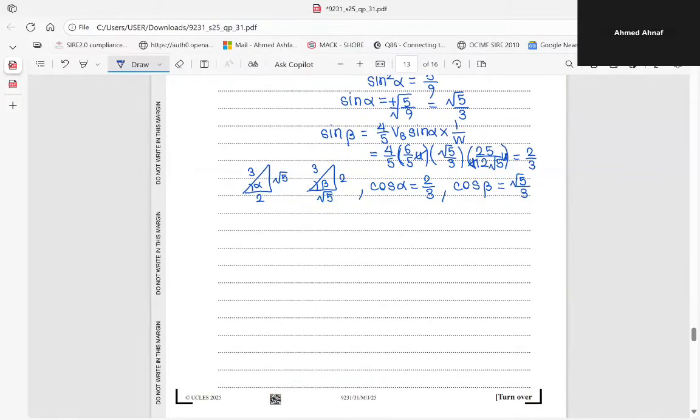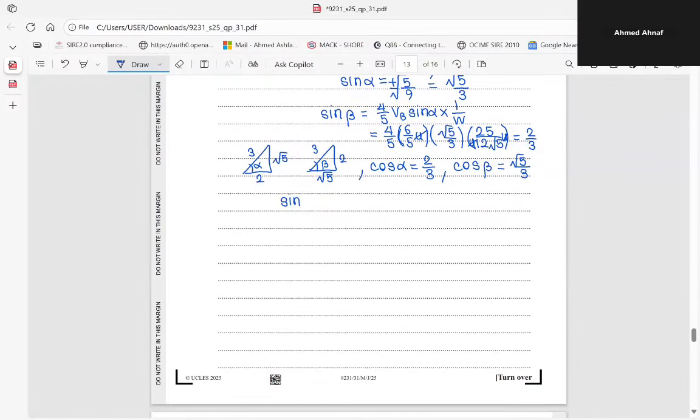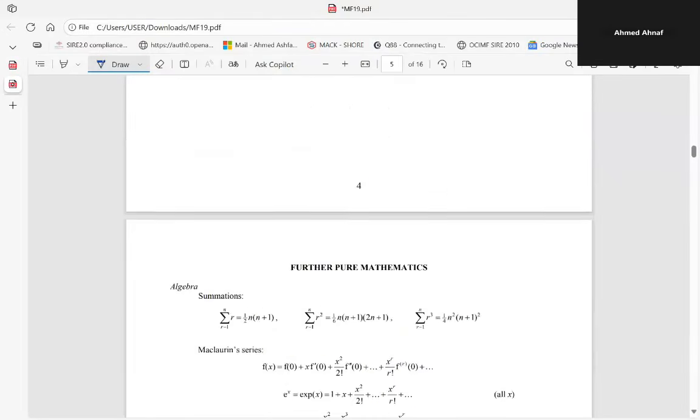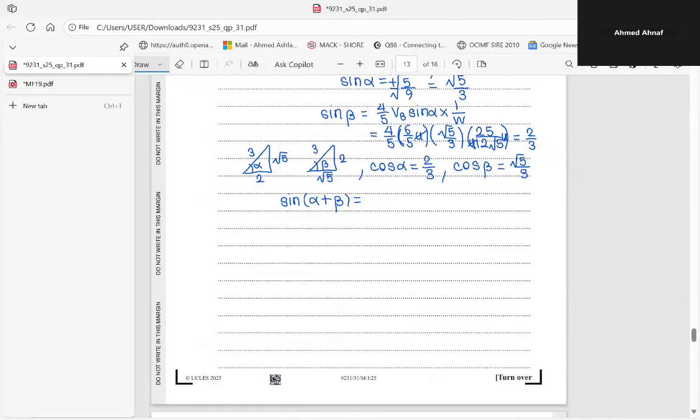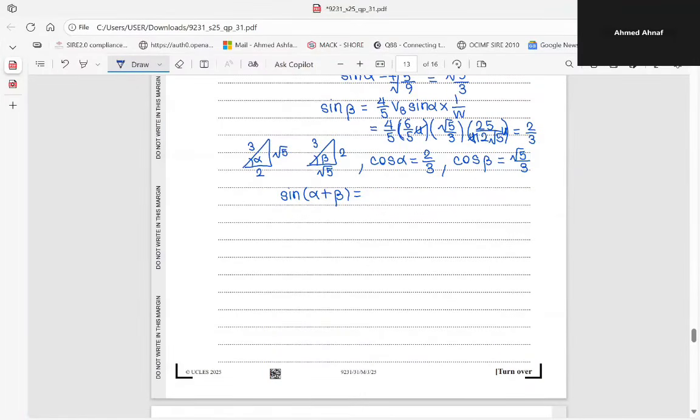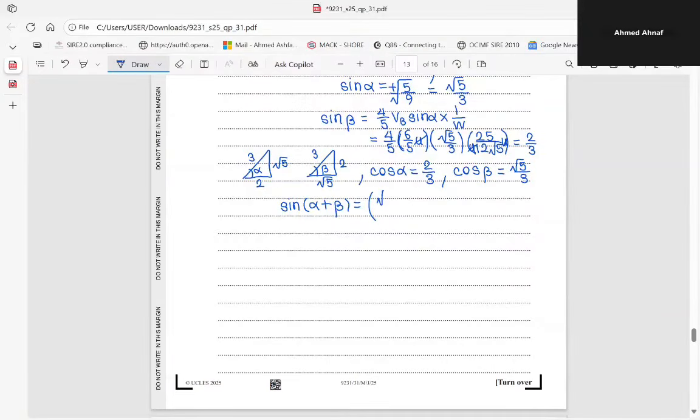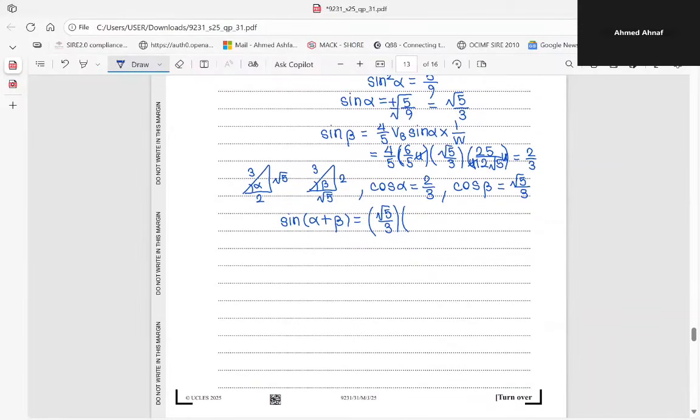Okay, and now we can finally find sin(α+β) using the addition formula for sine. It's given in your formula sheet right here. So it's sin A cos B plus cos A sin B. So we'll take sine alpha first: √5 over 3 times cosine beta, which is also this, plus cosine alpha, 2 over 3, times sine beta.